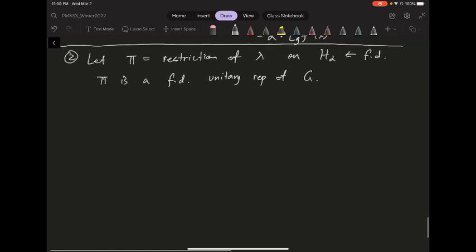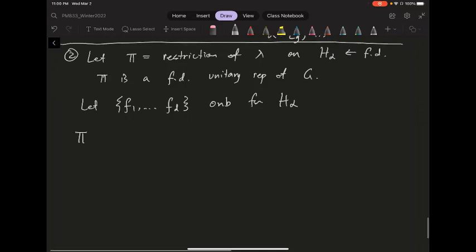And so let's consider its matrix units, okay? So let's say F1 up to FD is an orthonormal basis for my H alpha. And let's consider what happens if I consider its matrix unit.